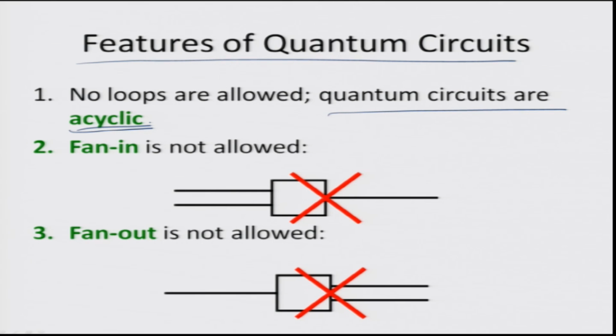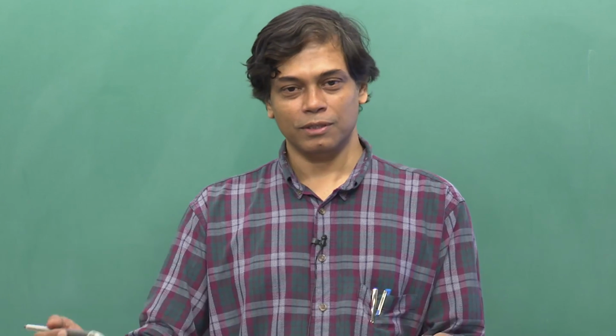So, there are no loops which are allowed. Quantum circuits are acyclic because you cannot parallelize loop circuits. Even when you do parallel processing in a classical computer, the most difficult part is the nested loops. So, generally speaking, you are not really supposed to have nested loops if you are trying to do parallel processing.